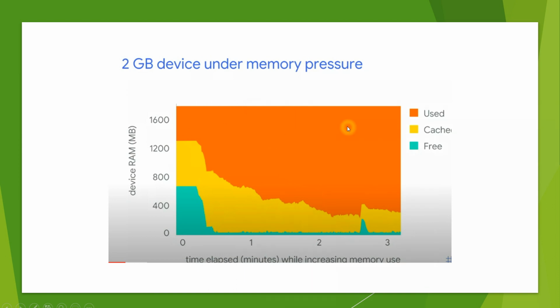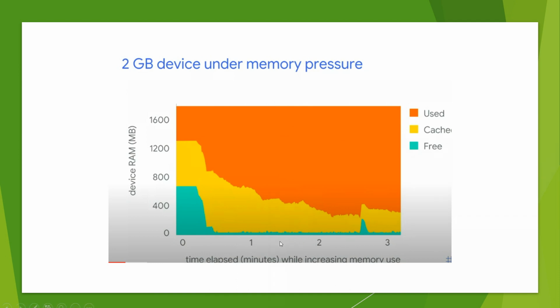So here is a snapshot which shows a graph of used memory, cached memory, as well as free memory. You can see the used memory is more. That means the number of applications being run and used by the user are more.